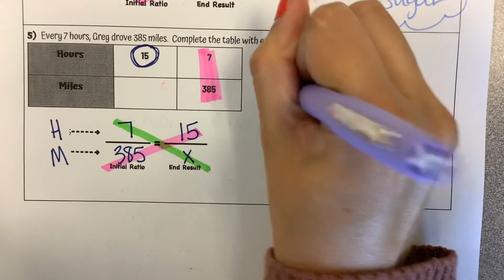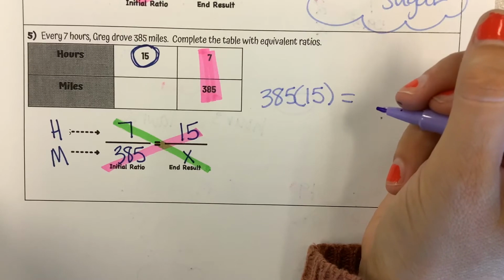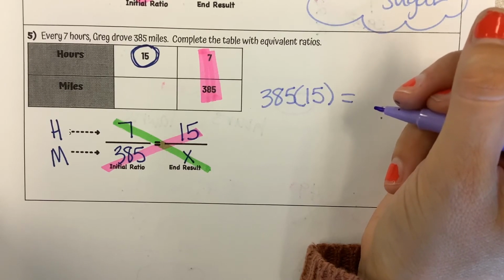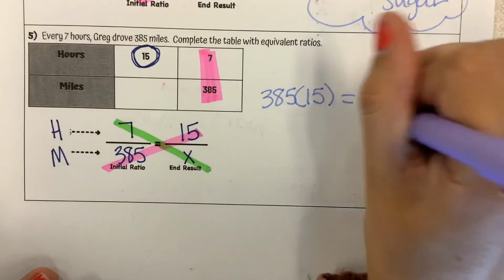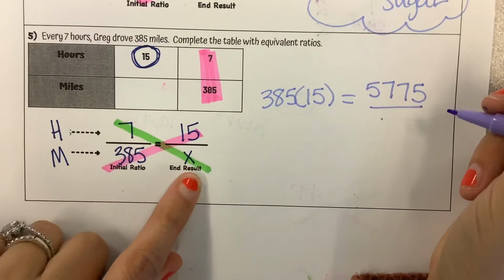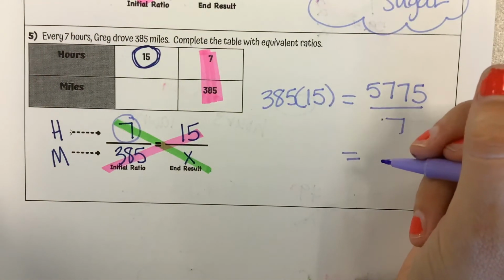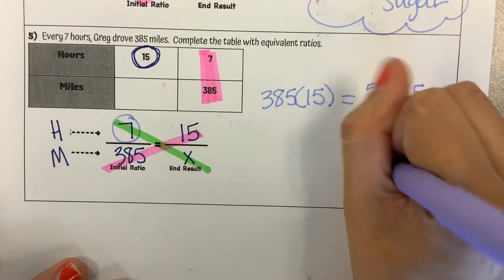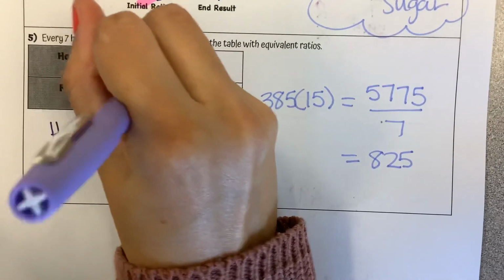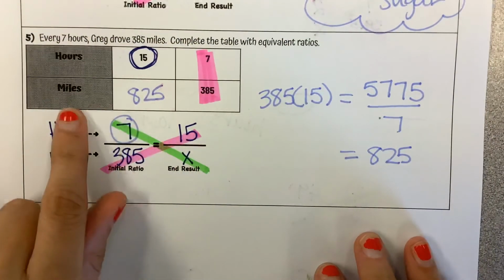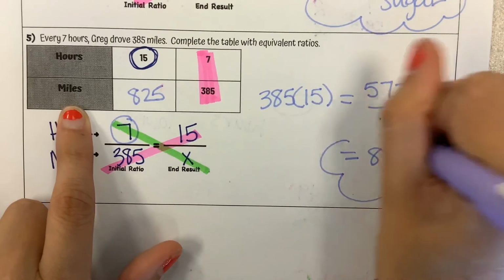So I'm gonna do 385 times 15, which is 5,775. And then I'm dividing by the number that's in the same diagonal as the variable. So I'm dividing by 7, which gives me 825. And then looking back for our units, I'm gonna plug this into our table. The units of our answer, that is standing for miles. So 825 miles.